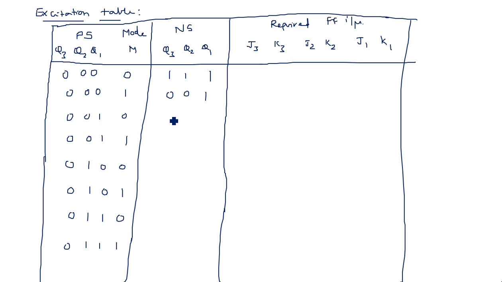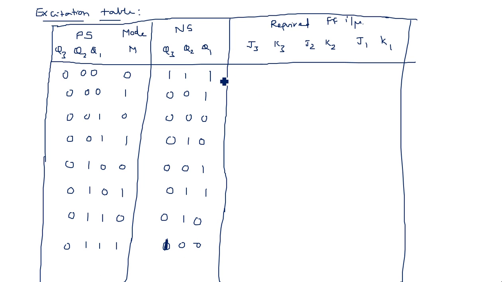For 001, the down count is 000. Again, this is 001, and here 010. All these are down counts. And coming to up count, this is 1, which means 2, 010 here. 2 means 3, 011. And here 3 means 4, 100.